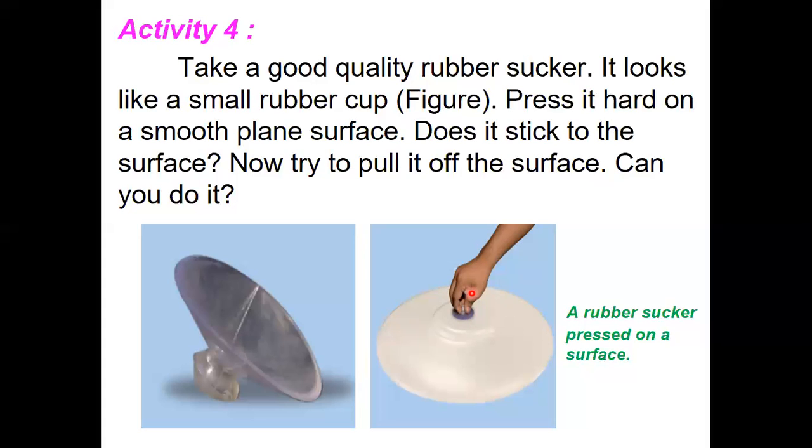If the area of your head is 15 centimeter into 15 centimeter, then the force due to the air in a column of the height of the atmosphere is nearly equal to the force of gravity on an object of mass 225 kg.